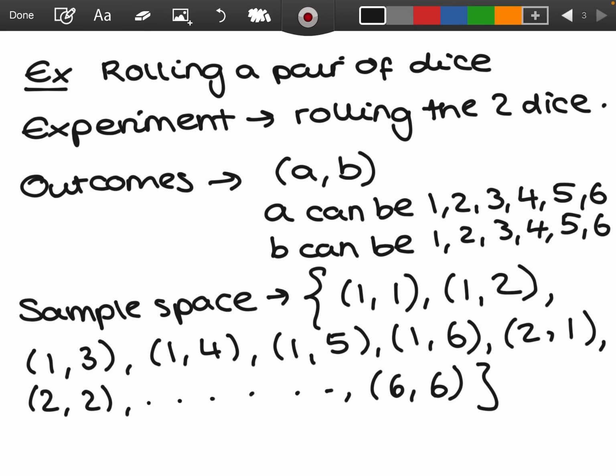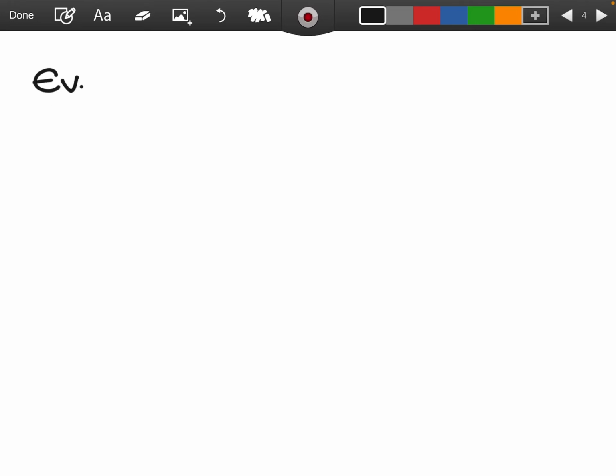Again, there are many events here that we can have. For rolling 1 die, I just looked at the possibility here where we had even numbers, so 2, 4, and 6. But here I'm rolling 2 dice at the same time.